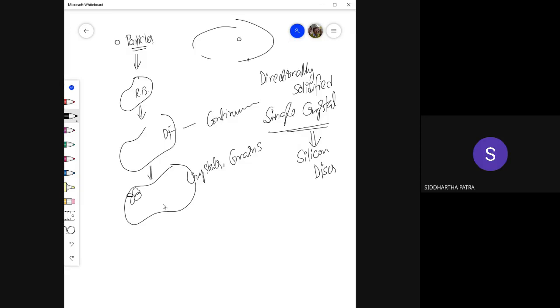Now if you think about it, when there are two grains side by side, the reason there are two separate grains is because the orientation in one is different from that in the other. The orientation of the atoms, if they are different, then they are two separate grains. And obviously the grains have grain boundaries.